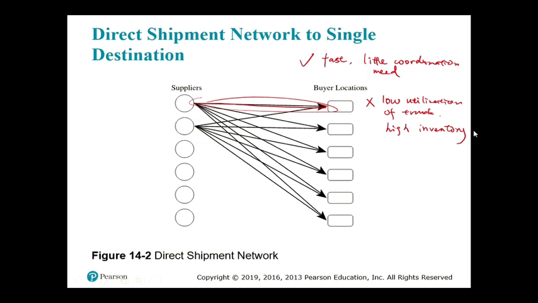So this transportation mode is justified when the demand at the buyer locations is large enough that the large lot sizes are actually justified.